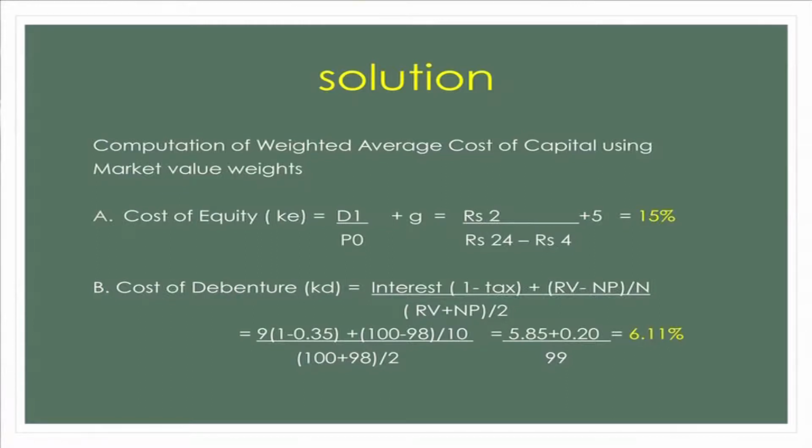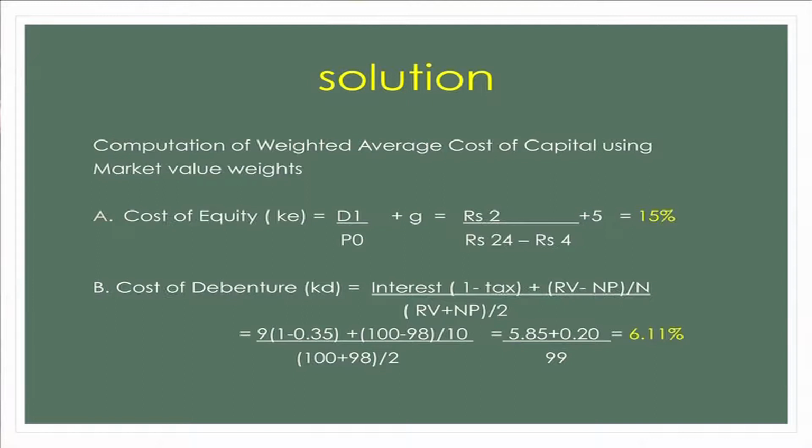So, 9 will be the interest, 1 minus 0.35, where 0.35 is the tax rate given, plus redeemable value is 100 as they are redeemed at par, minus 98 since flotation cost is 2%. So, net proceeds are face value minus flotation cost, that is 98, divided by N, that is term of maturity, divided by redeemable value plus net proceeds upon 2.